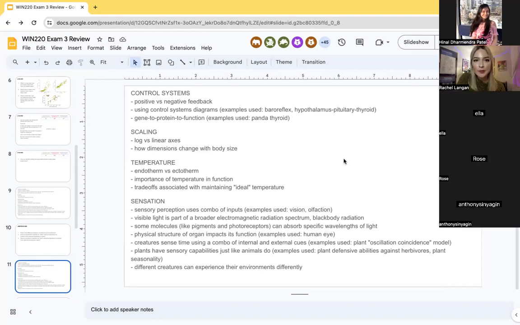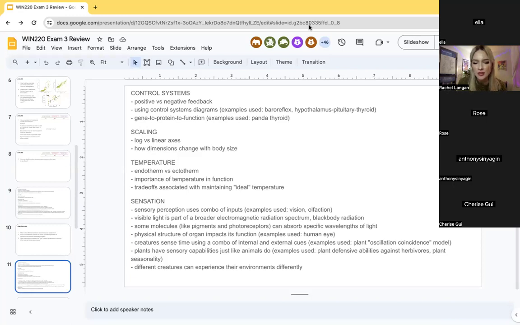Yeah, question? So the animals who hibernate, are those usually ectotherms? No, they're usually endotherms. And can you explain why?